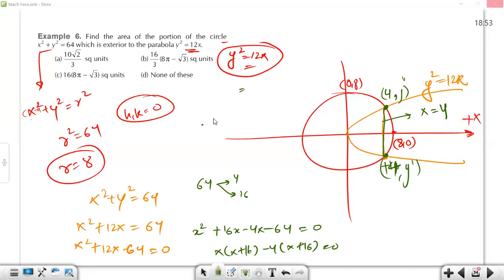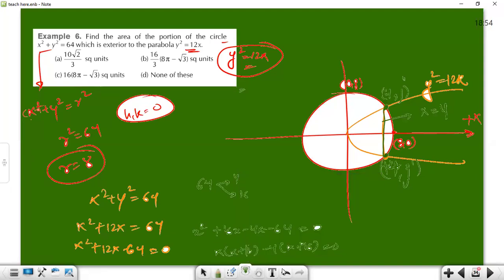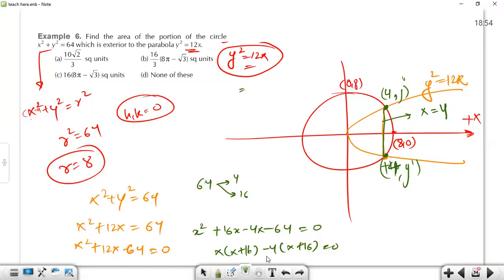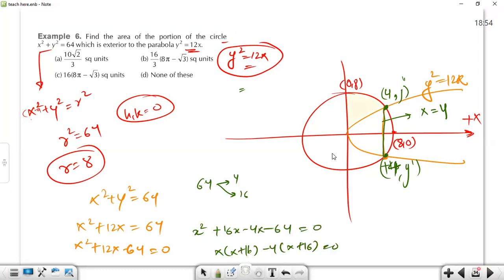So we have to find out the area which is exterior to the parabola. The area exterior to the parabola is this, this, and this, and this.